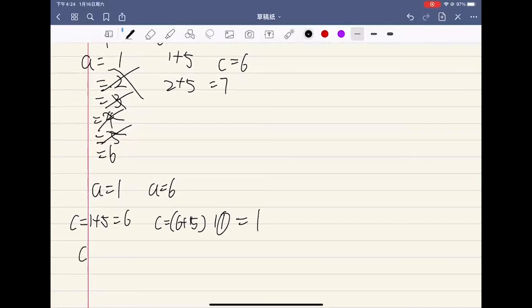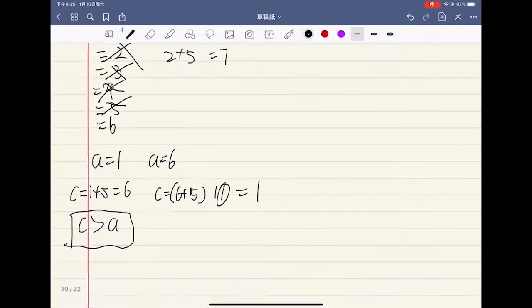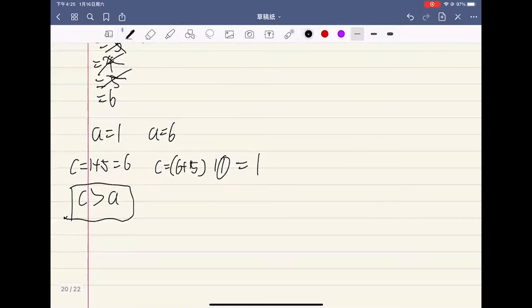We know C should be greater than A. Anybody confused about this one? C should be greater than A because ABC and CBA, the reversed number, is greater. So C must be greater than A. Yeah, you get this idea. So A can only equal 1 and C can only equal 6.